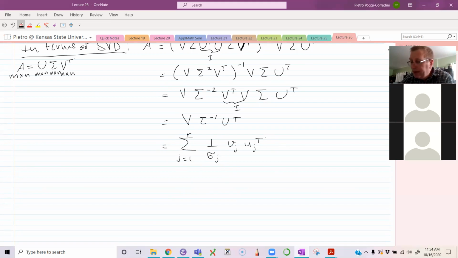I kind of like this last one, because if you think of A as the sum as j goes from 1 to r of sigma j, uj, vj transpose, and then you get, for instance, if you want to multiply A and A plus, right? You want to do A plus.